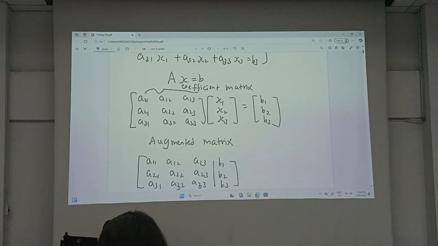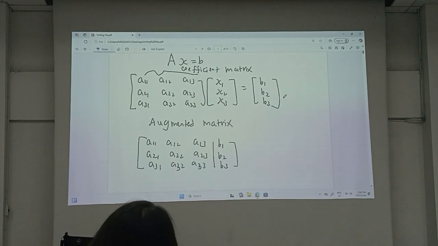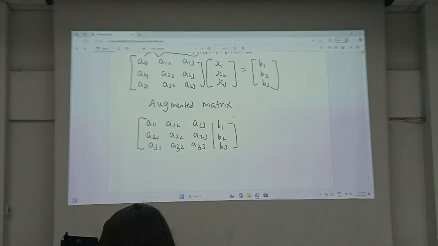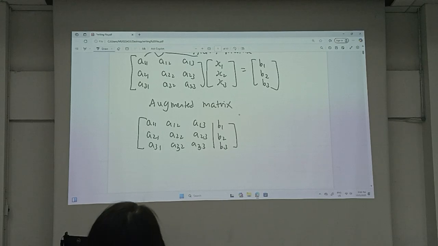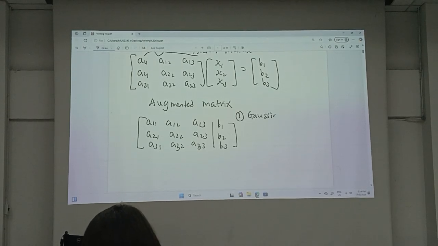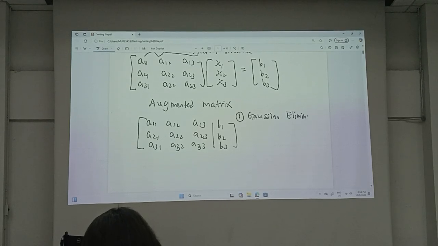From the augmented matrix, we can use different methods to solve it. The first method is Gaussian elimination. The second method is Gauss-Jordan elimination.